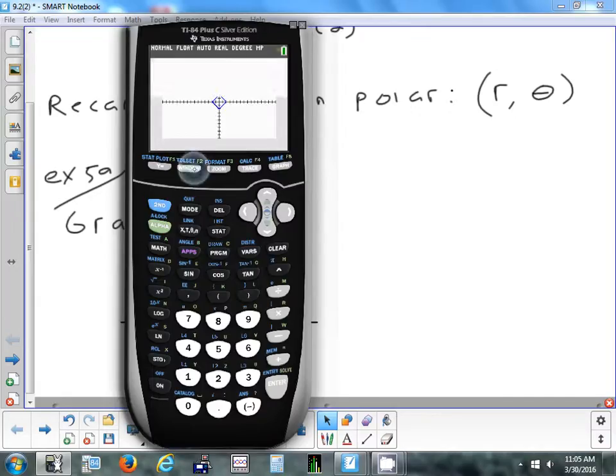Okay? So I would say 90 is a little too high for theta step. You might even be able to get away with 10. I think it looks okay. You might notice it if you start to zoom in a little bit, but it doesn't look as smooth. But actually, no, that looks pretty good. Okay. So 10 is actually okay. Any questions on graphing a circle in polar?